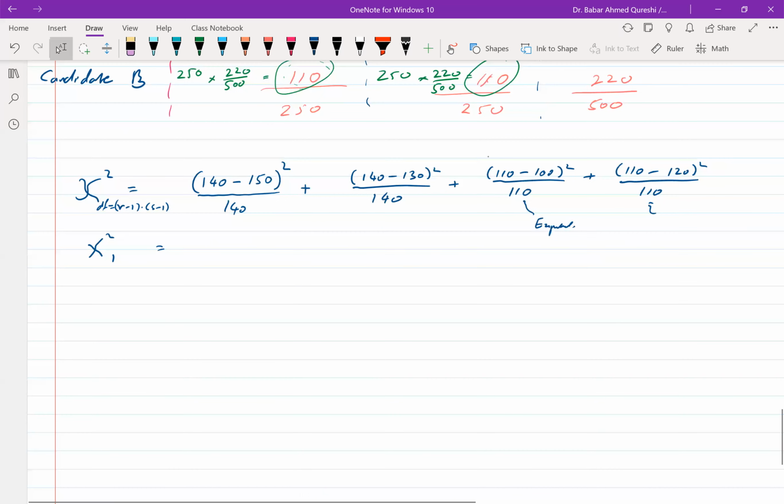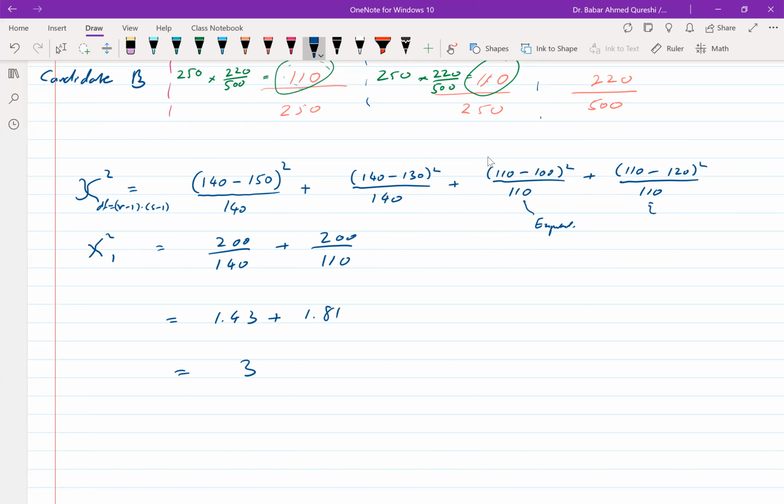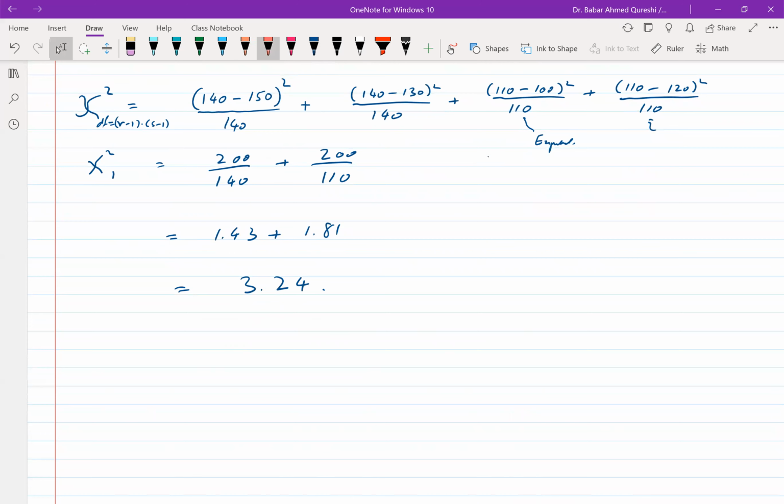And if I do these numbers, I get 200 over 140 plus 200 over 110 by just adding these. So 1.43 plus 1.81, I get a number 3.24. So I can now do a test. I can compute the critical value of this for, let's say, 0.05 significance.